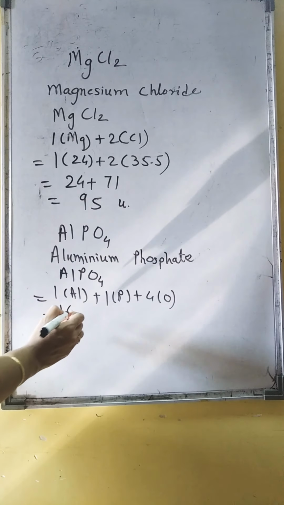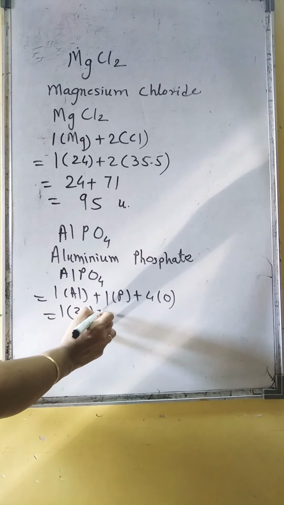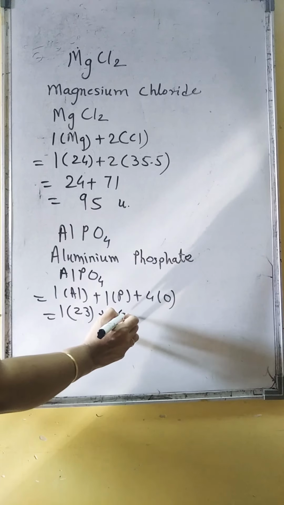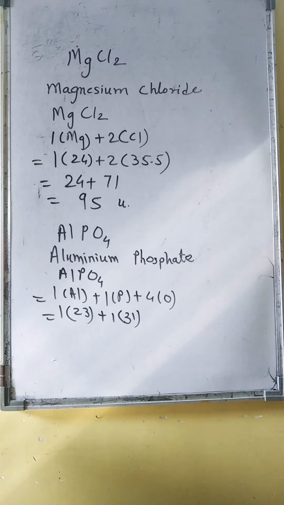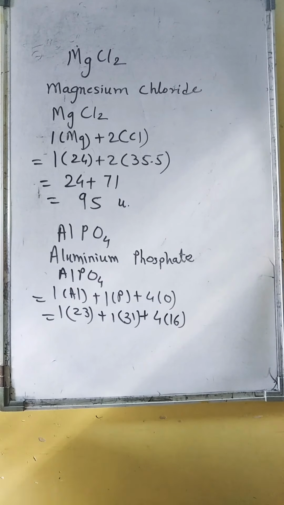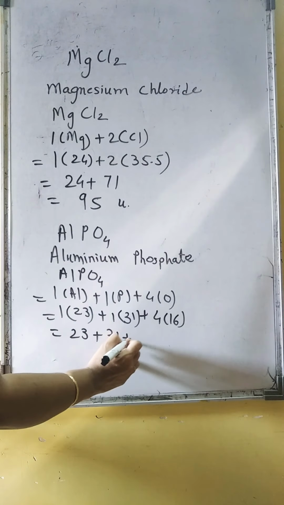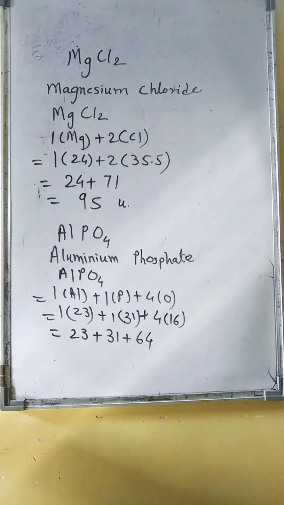So 1 time aluminium 23 plus 1 time phosphorus, I think it is 31. Somebody can check on Google also, no problem. Plus 4 times 16. So you have 23 plus 31 plus 64.